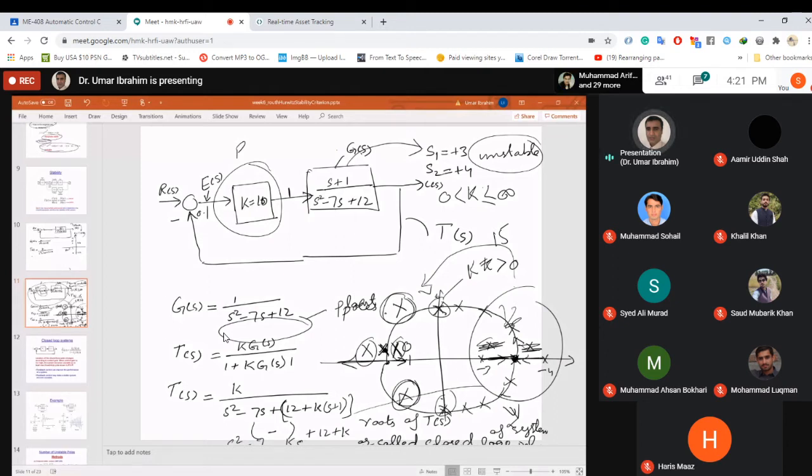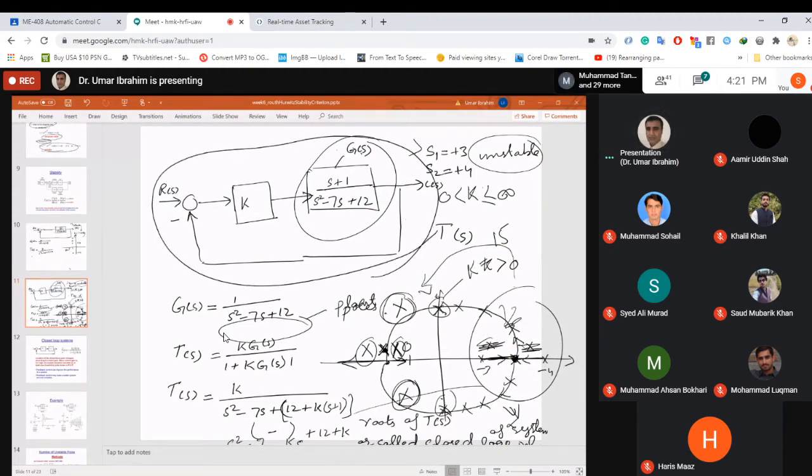I will ask you a question, and you answer me at least once. Question number 1. I want to know whether this whole system, including the plant inside the feedback control loop, is stable or unstable.